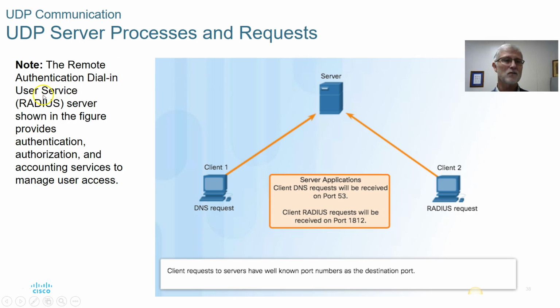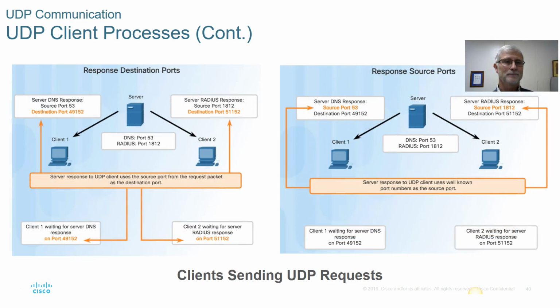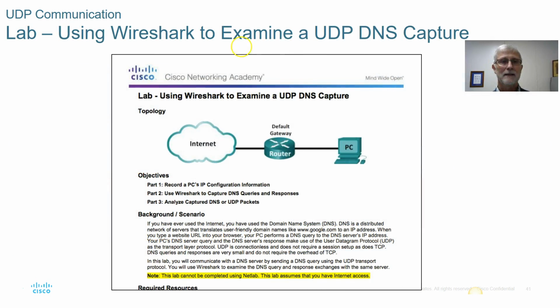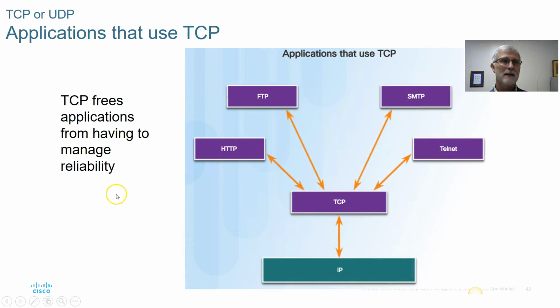So just know that there is a way to secure UDP processes. This gives you an example of using UDP, the Radius service, to give you a little bit of control, making sure that who you're sending it to is who they say they are. Continuing on, you will do a quick UDP DNS capture session. And let's look at some of the applications and what uses them.